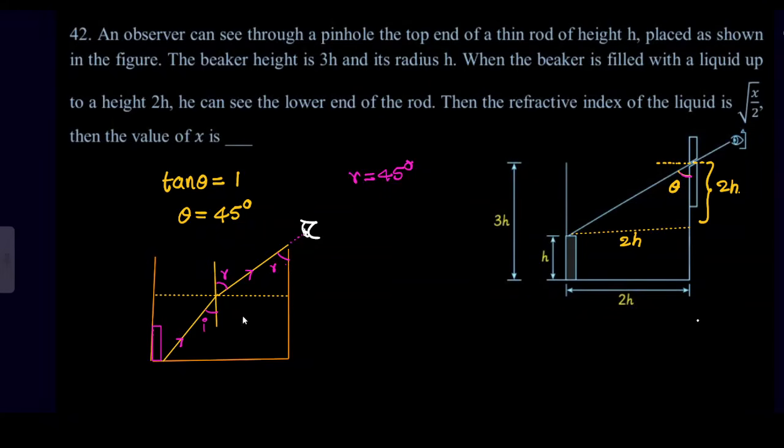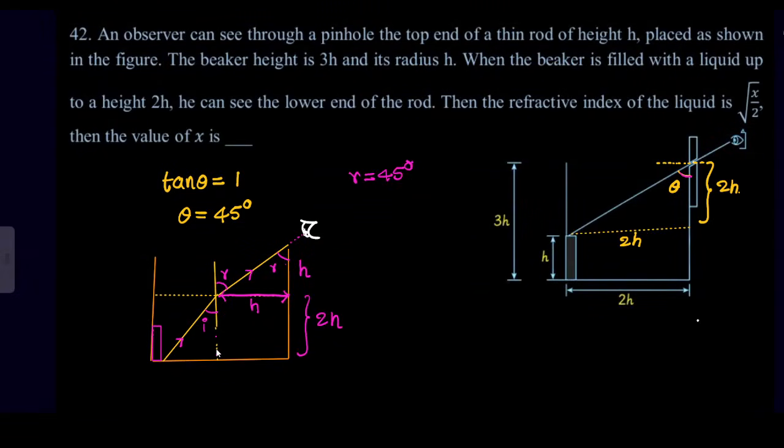Now, how much is this height? 2H height we have filled with the water. This is 2H, and this angle being 45 degrees means this must be a height of H only. Now you can see, if you draw these lines here.